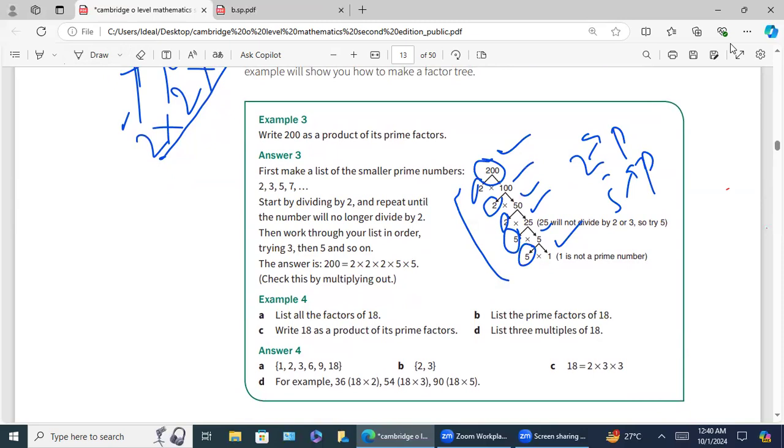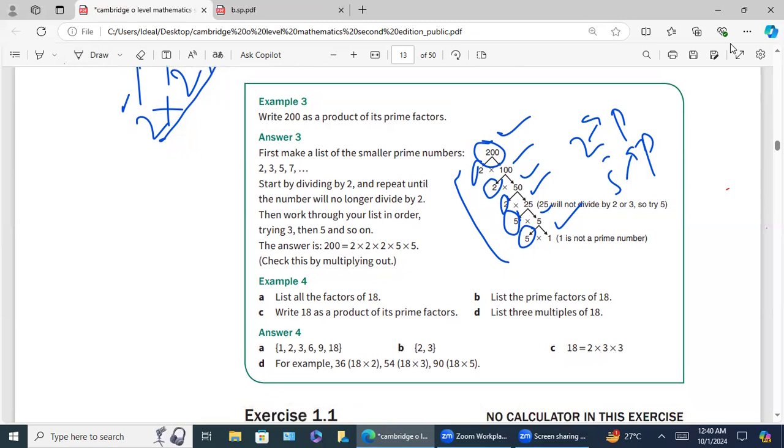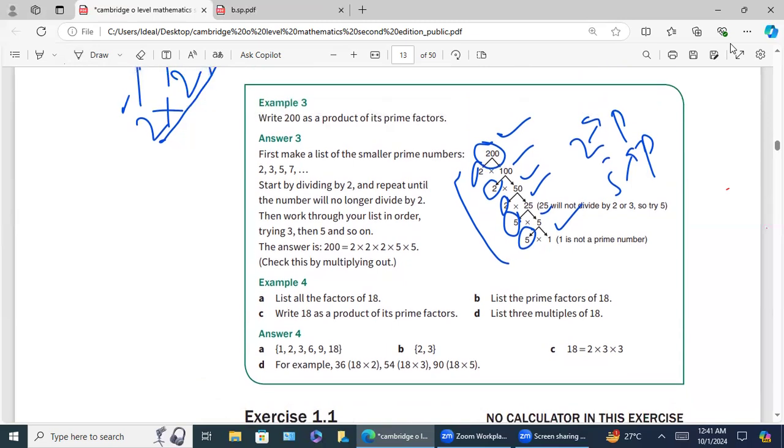You can also follow this method. 2, 3, 5, 7, these all are the smaller prime numbers. First of all, you make a list according to this method, but it's not a necessary condition. Start by dividing by 2 and repeat until the end. This is the process.